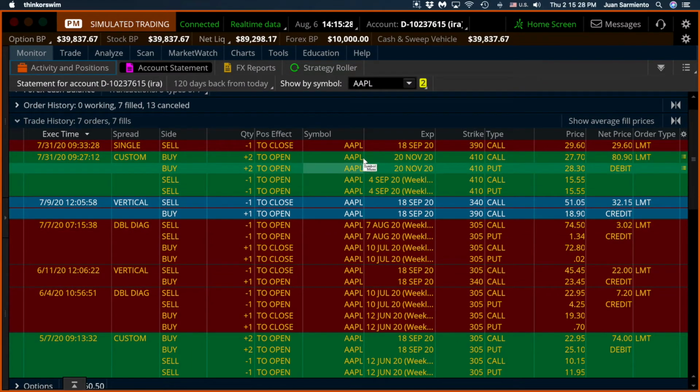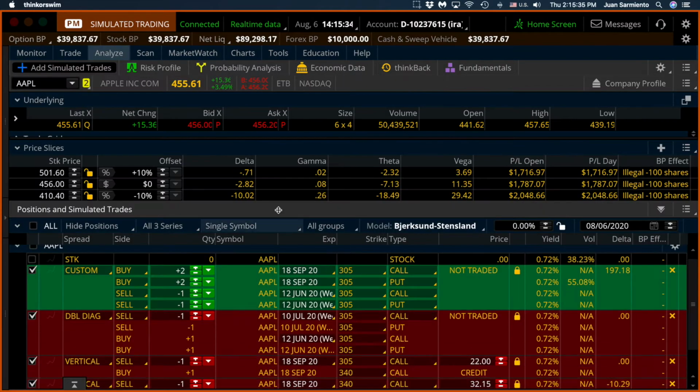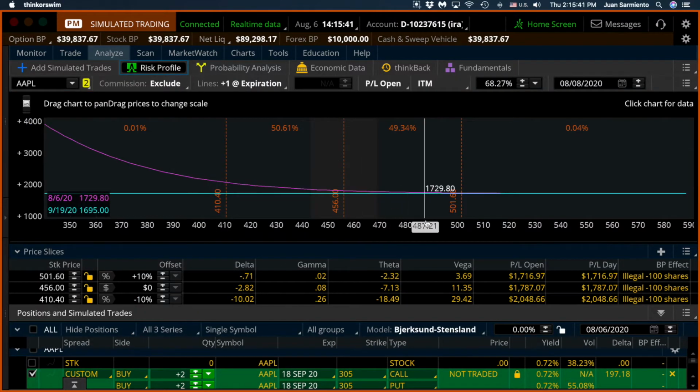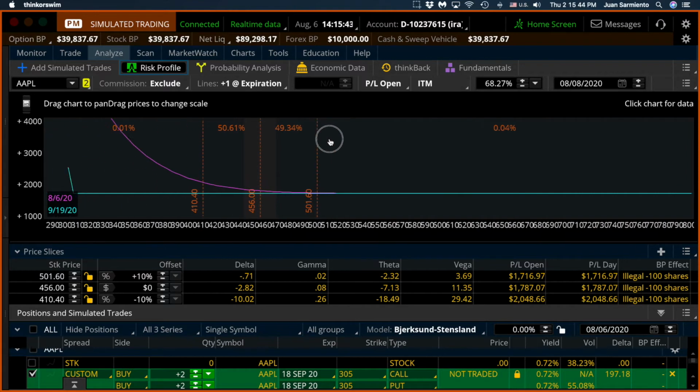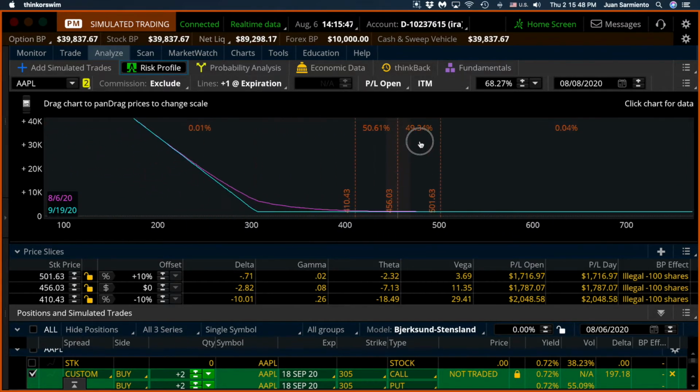Okay, so here first I close that long call, analyze trade, and here's what we have right now. Let's look at the profile, the risk chart, and this is what it looks like. It's pretty bearish, right?